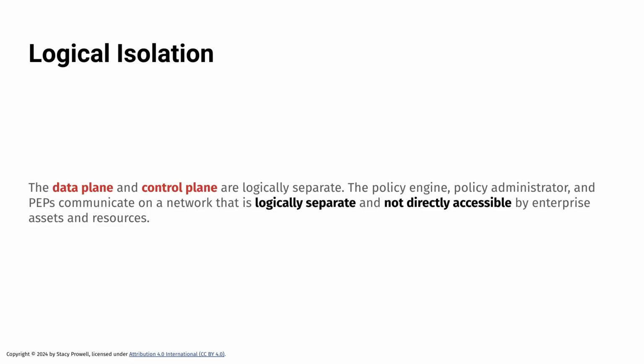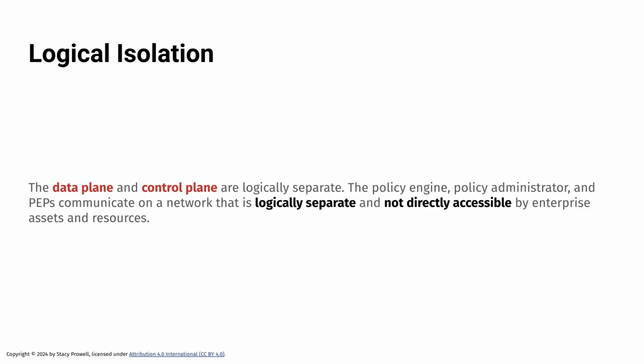The data plane and the control plane need to be logically separate. And what I mean here is, suppose that I, within the data plane, can go into the policy engine and make changes. That's a problem. Right? The policy engine is there to control what's allowed to happen in the data plane. All right? And so I need to enforce that hierarchy.